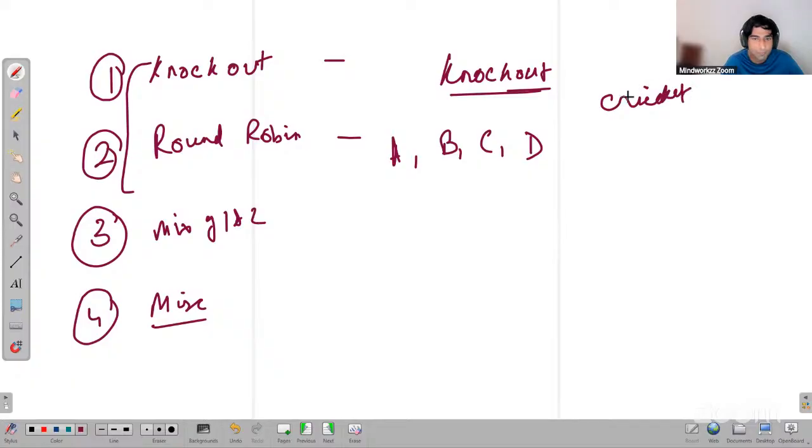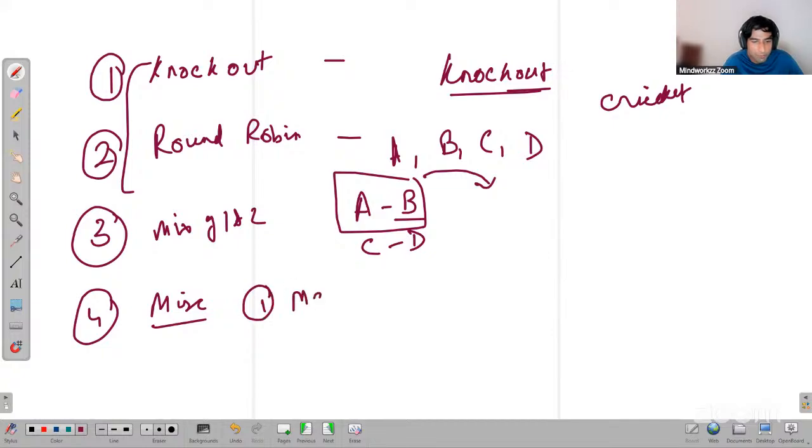You have a matchup of A versus B, and a matchup of C versus D. Whoever wins amongst A and B advances to the next round, and whoever loses is eliminated.